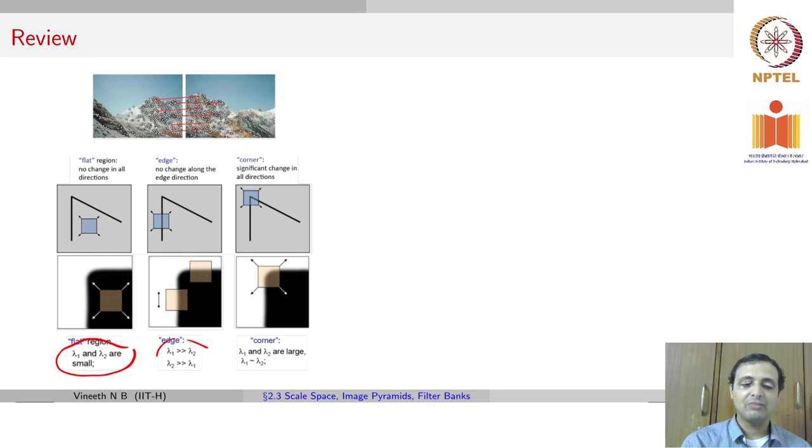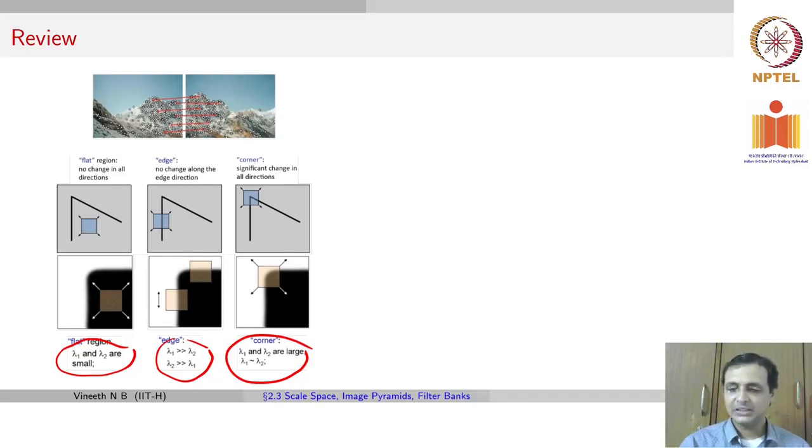When one of the eigenvalues is much greater than the other, we say it's an edge. And when both the eigenvalues are large, that particular patch has a lot of changes in multiple directions, and we call such a point a corner. That is our methodology for the Harris corner detector.